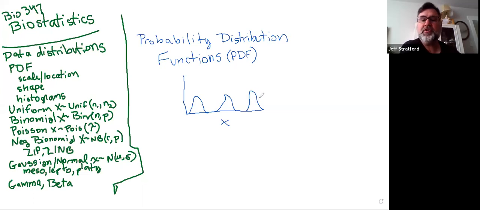The shape, if you can imagine, means, are we drawing something like this, or like this? So here are three different shapes in three different locations. All right. So what I'm going to do is go over a number of data distributions and what parameters you need to define those distributions.